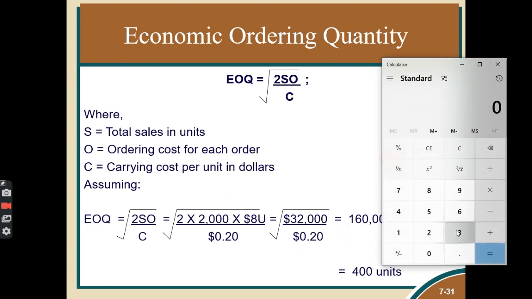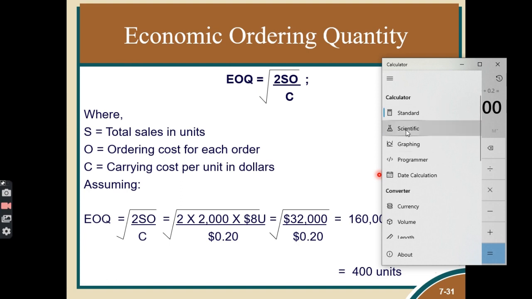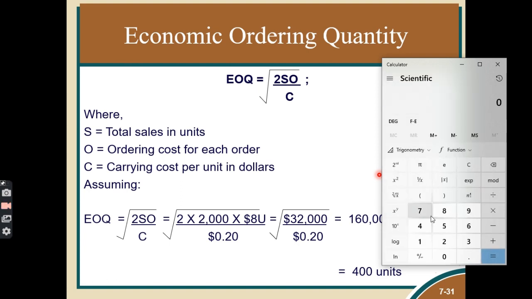So if we have 32,000, that's 32,000 divided by 20 centavos. Okay, so the 160,000 is actually the result here. If we're going to get the square root of 160,000, let's just get the scientific calculator.